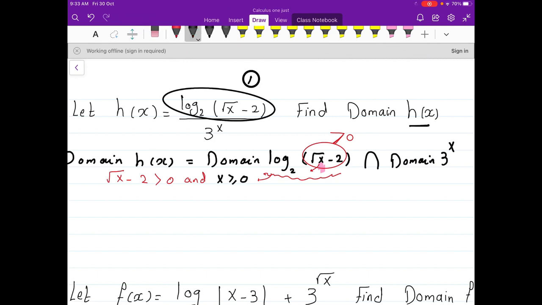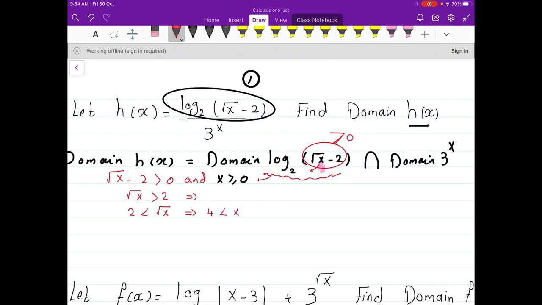Now, to solve this inequality, the square root of x is greater than 2. That means, squaring both sides, 4 is less than x.